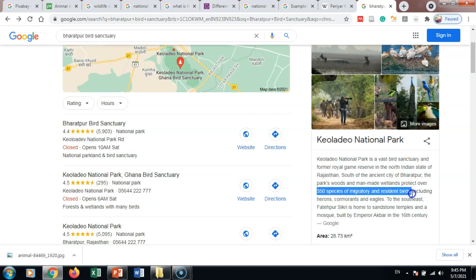This sanctuary does not represent a particular bird species, but it is for the migratory birds, including herons, cormorants, and eagles.